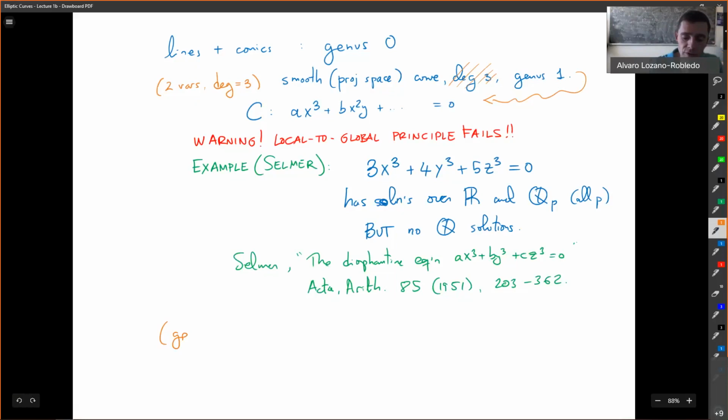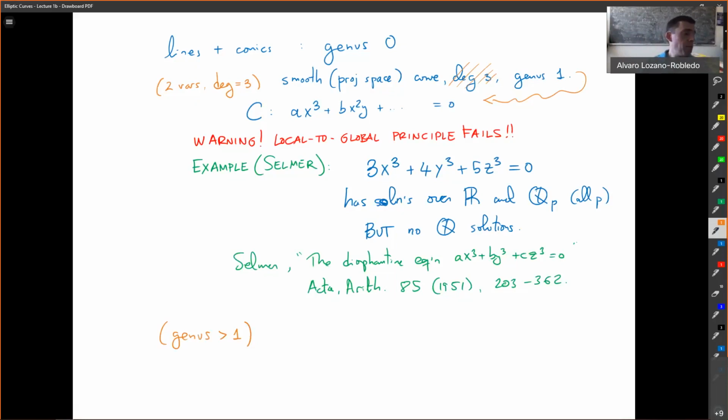So what happens if I go to higher genus curves? Now a curve, something like y squared equals a quintic or some things like this, those will be curves of higher genus.